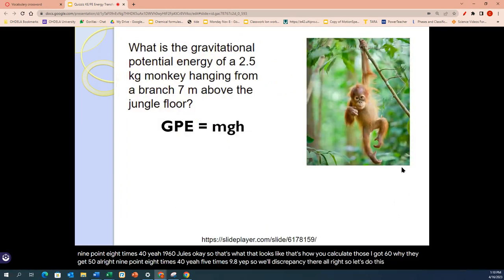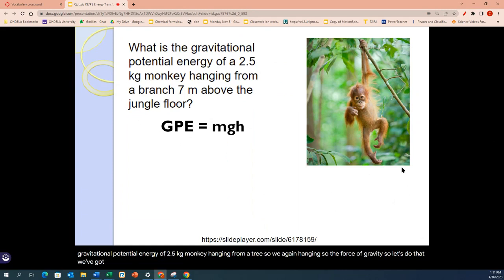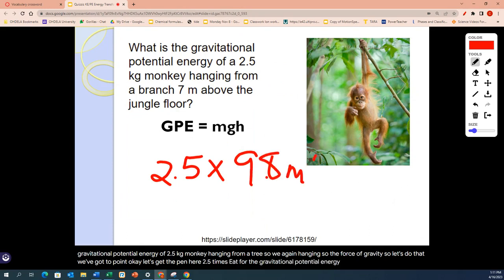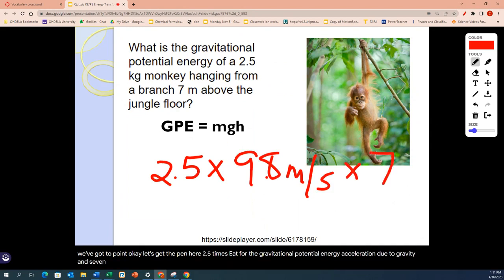All right, so let's do this one, the gravitational potential energy of a 2.5 kilogram monkey hanging from a tree. So we're, again, hanging, so the force of gravity. So let's do that. We've got 2.5 times 9.8 for the gravitational potential energy, acceleration due to gravity, and 7 meters.